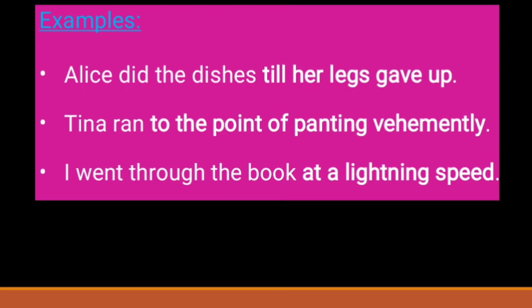Tina ran to the point of painting vehemently. I went through the book at a lightning speed. The clauses till her legs gave up, to the point of painting vehemently, and at a lightning speed modify a verb. That is why these clauses are called adverbial clause.